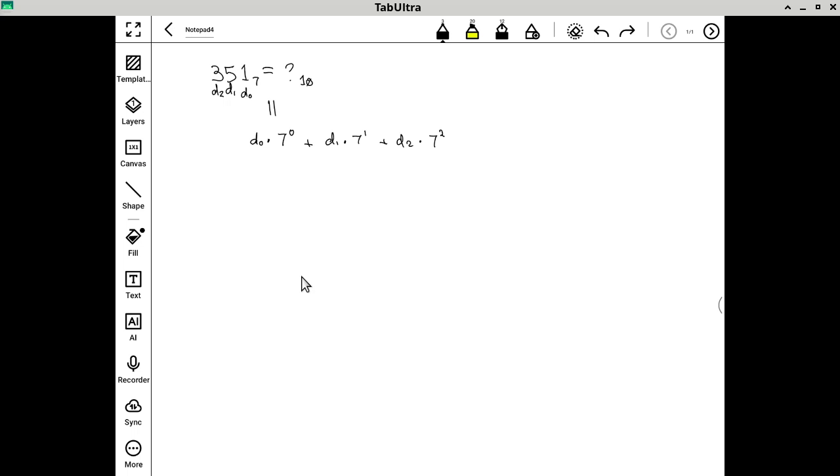Because the structure of a number is basically what we are seeing here, independent of the base. Okay, so in this case, we just have to figure out D0 is a 1, so we multiply the 1 to 7 to the power of 0, which is 1, but we'll deal with that later. And then we have 5 times 7 to the power of 1, because digit 1 is 5.